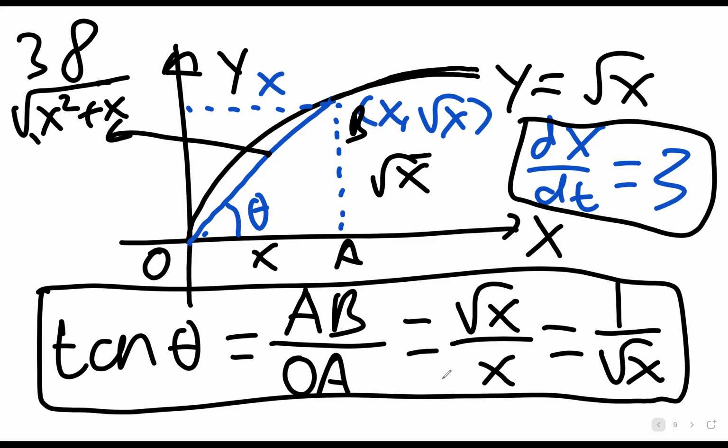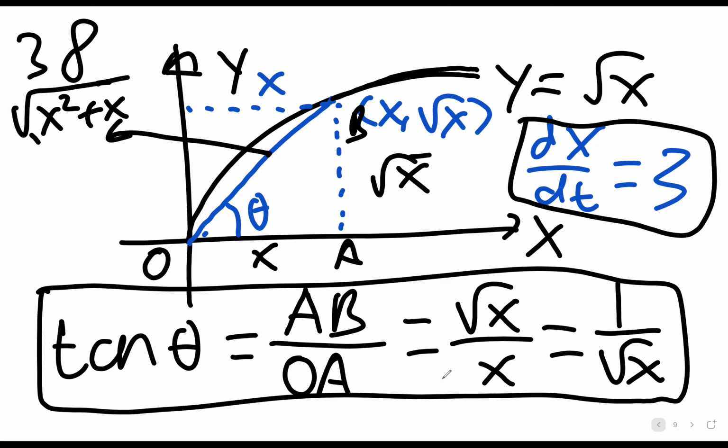The question is, if θ is the angle between the line segment from the origin to the position of the particle and the positive x-axis, then we want to find dθ/dt. Of course you have to realize how to relate the variables x and θ, and the idea here is we use trigonometry.